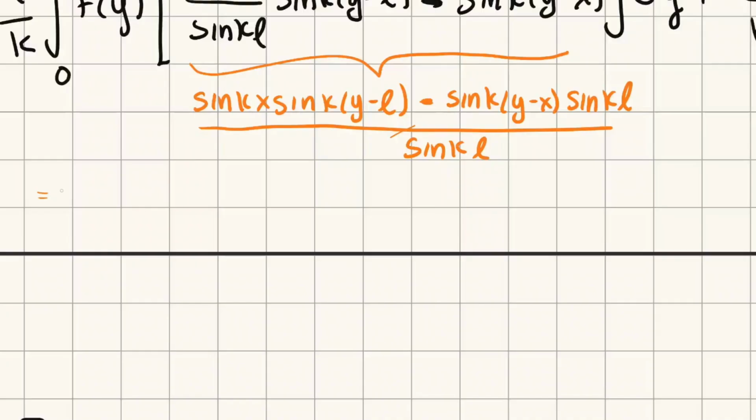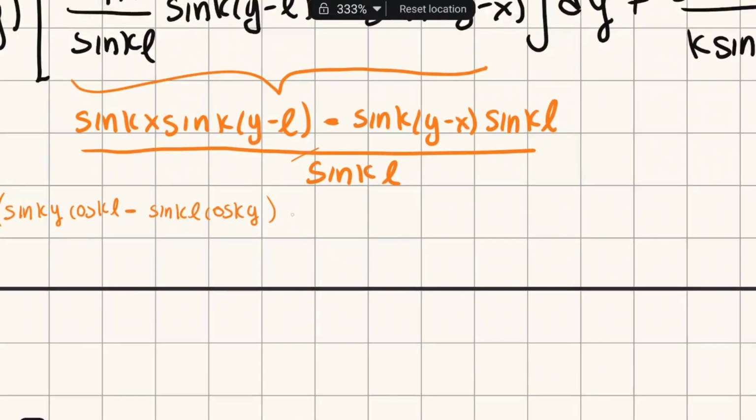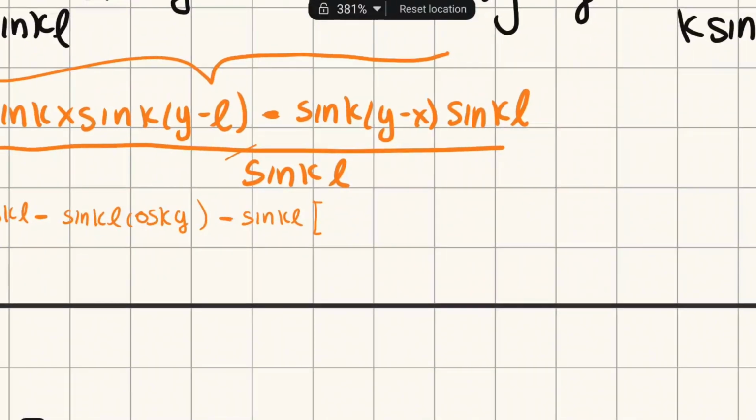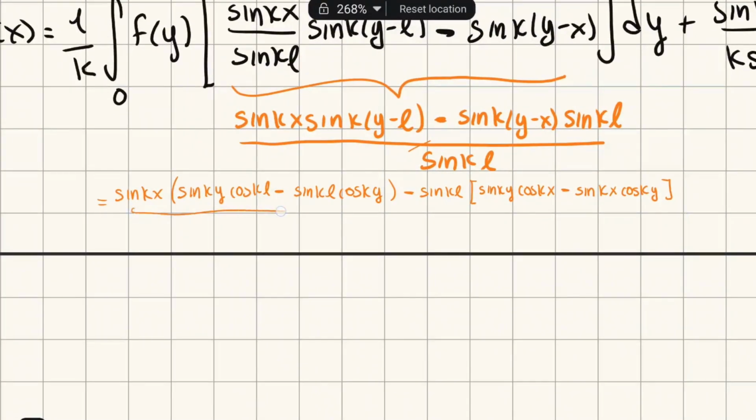So this is sine kx times sine ky cosine kl minus sine kl cosine ky, and then we will have here minus sine kl that will multiply sine ky cosine kx minus sine kx cosine ky, and all divided by sine kl.